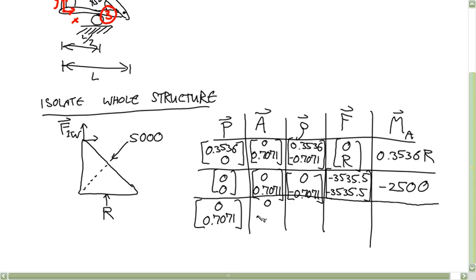The about point is 0.7071, so rho is 0. The force is F1WX, F1WY. And so the moment is 0.